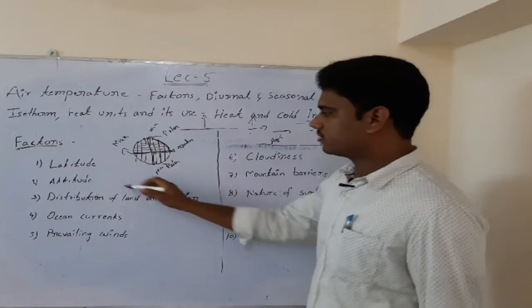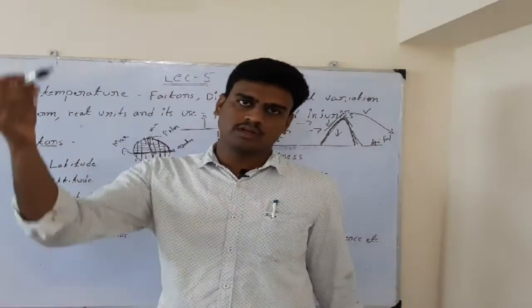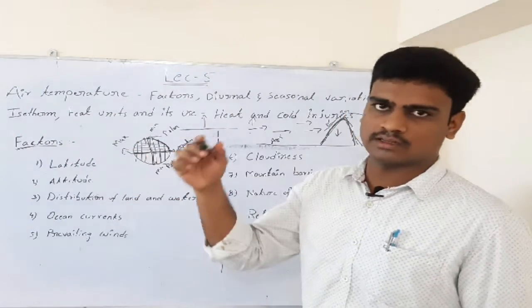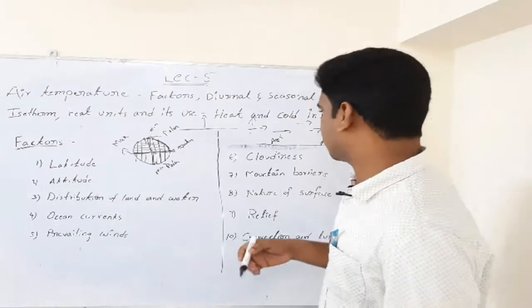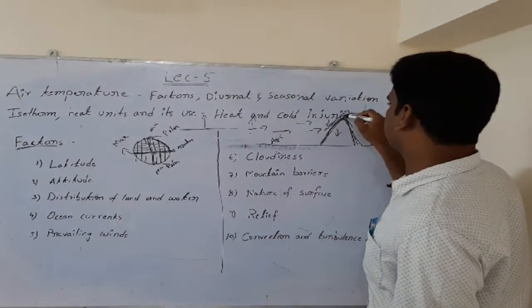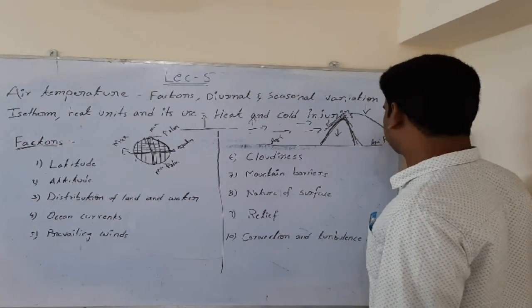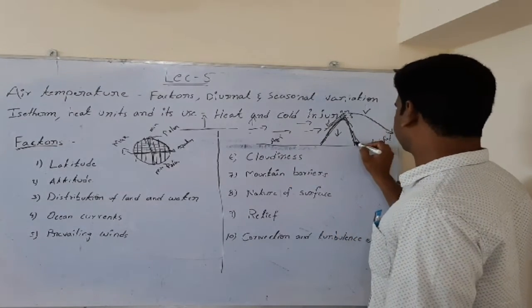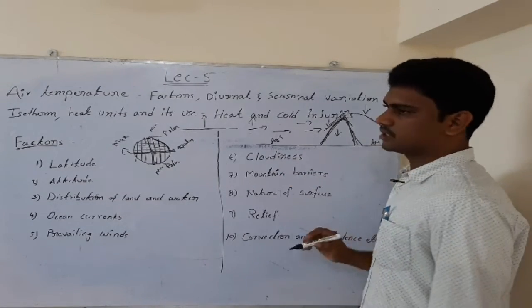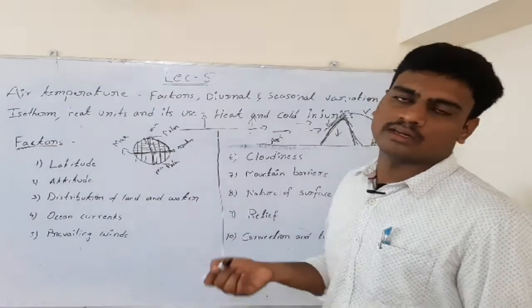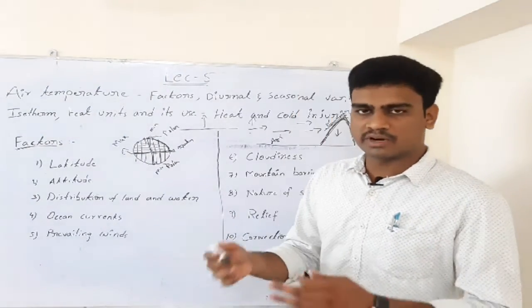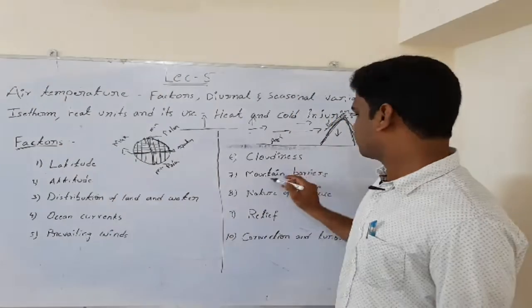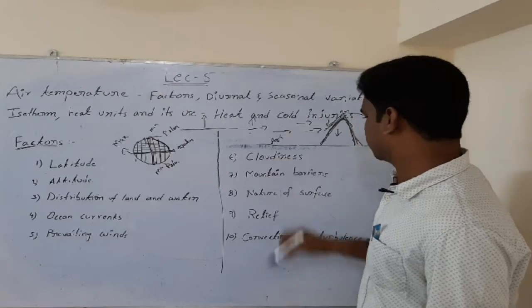We all know, as we have already seen with altitude, the more we go in the vertical section, the temperature of the air will come down. So when it goes up and then comes down again, the air temperature will fall. After the mountain, the agriculture fields there will face cool air, and the temperature will automatically fall. So mountain barriers also play a major role.